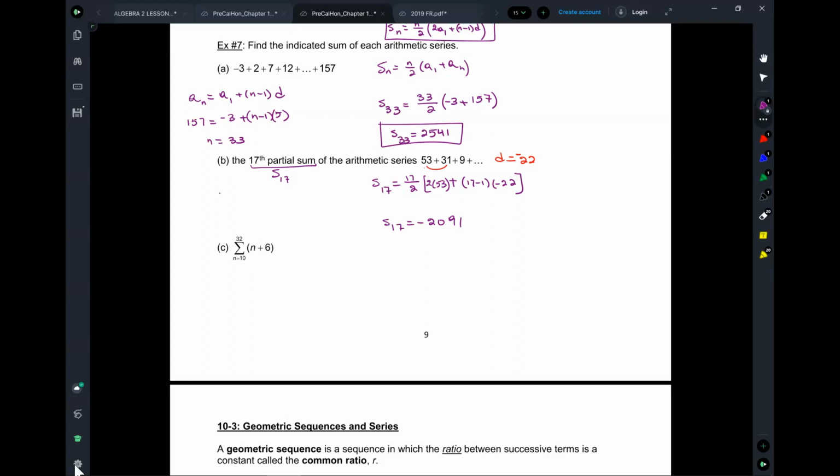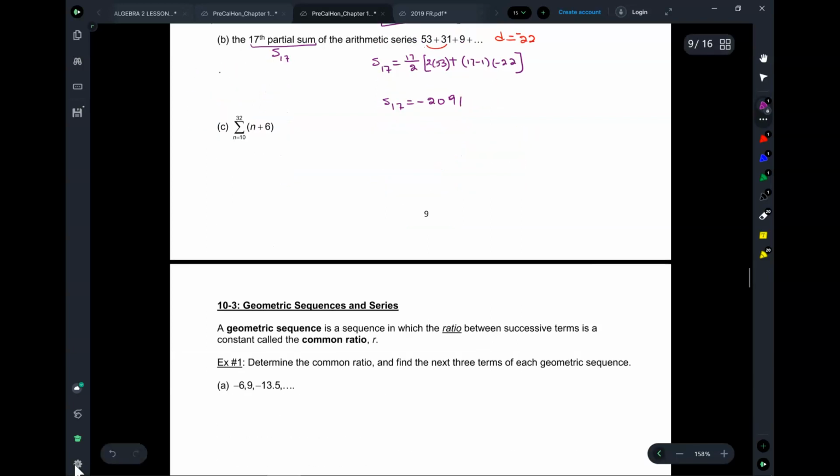Okay, so take a look at this one. This is given to you in a different form. This is given to you in sigma notation, and you need to find the sum from n equals 10 to n equals 32. So you're not looking for the sum of the first 32 numbers. You only want the sum of a partial list, starting from the 10th term just to the 32nd term.